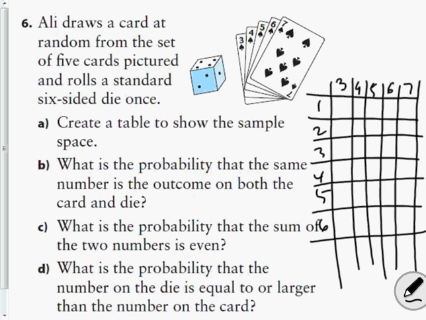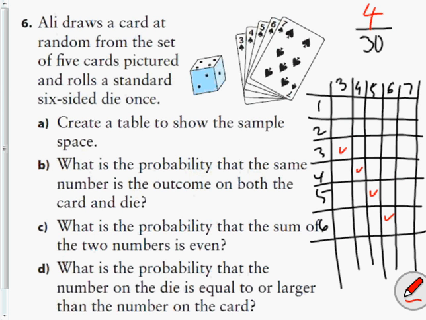So my sample space clearly says that there are 30 possible outcomes. And the probability that the same number is on the outcome of both the card and the dice, well, there's a 3, 3, there's a 4, 4, there's a 5, 5, and there's a 6, 6. There are 4 chances out of 30, which we can convert to a percentage if we wanted.